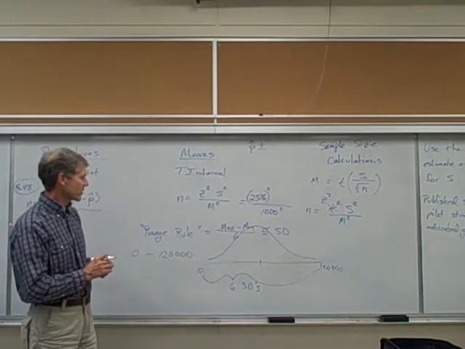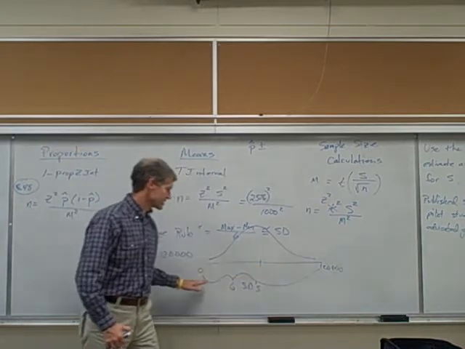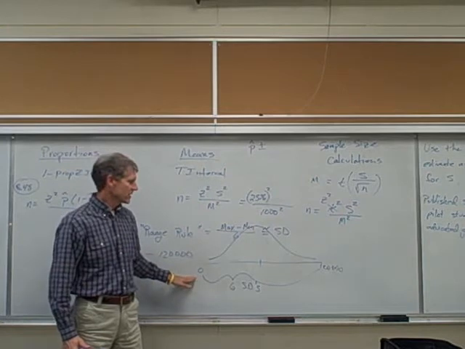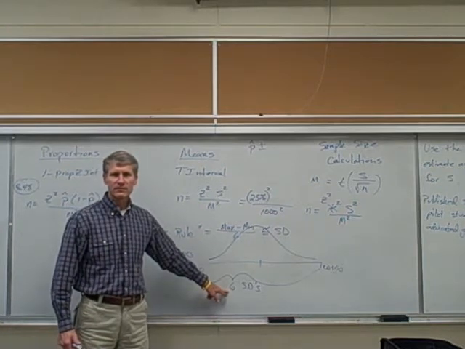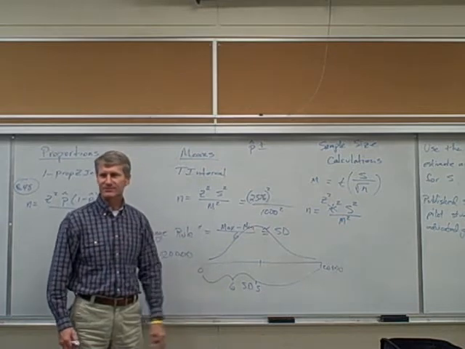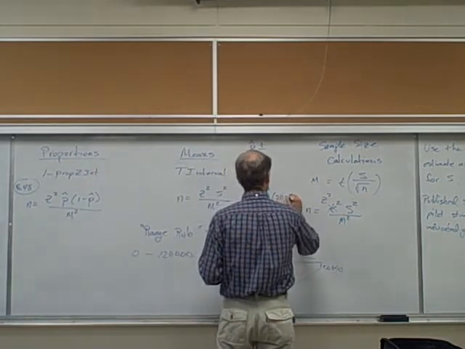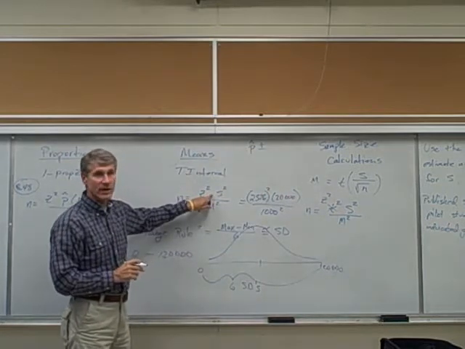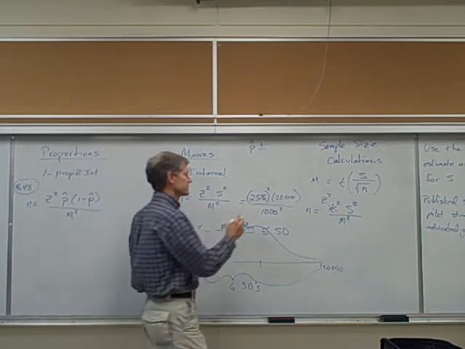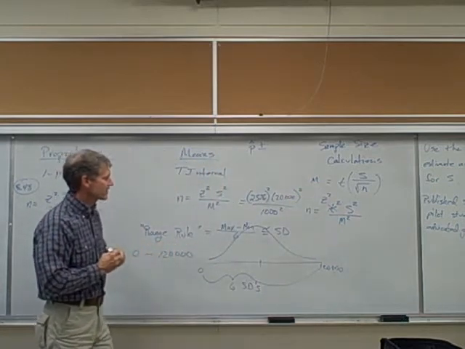So for this particular problem, 120,000 minus 0 is 120,000. Divide that by 6 and you get 20,000. So in this problem, that's 20,000. And then it has a square on it, right? So do that on your calculator.